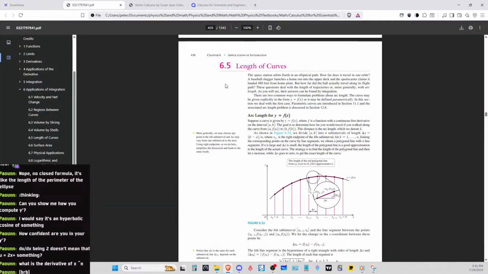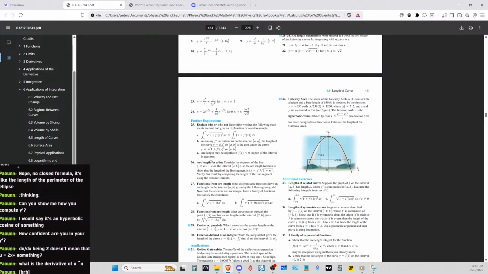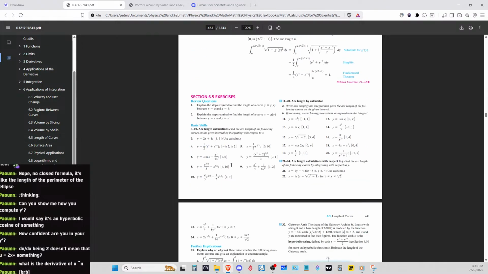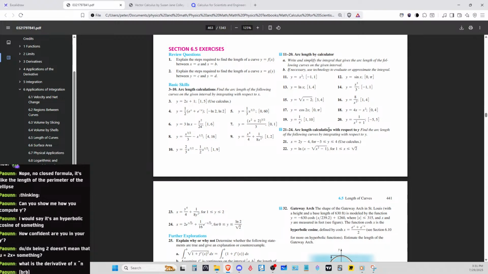So, let's go down here. Let's see, we have 9. Arc length by calculator. No, I don't want to do that one. Let's see, arc length with respect to y. Find the arc length of the following. Guess we'll do 23.